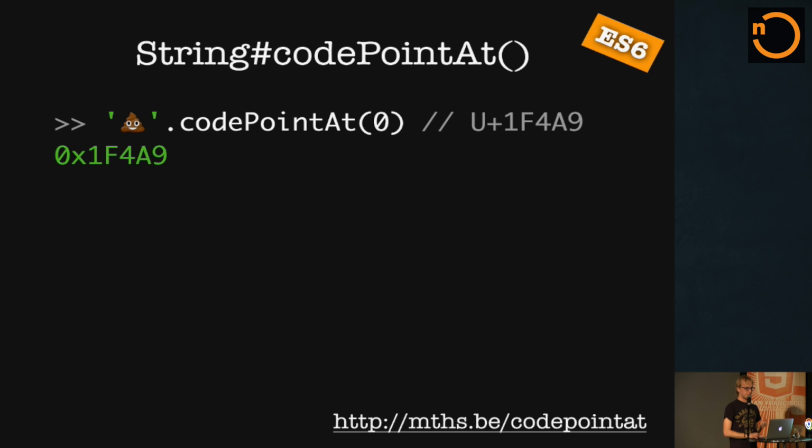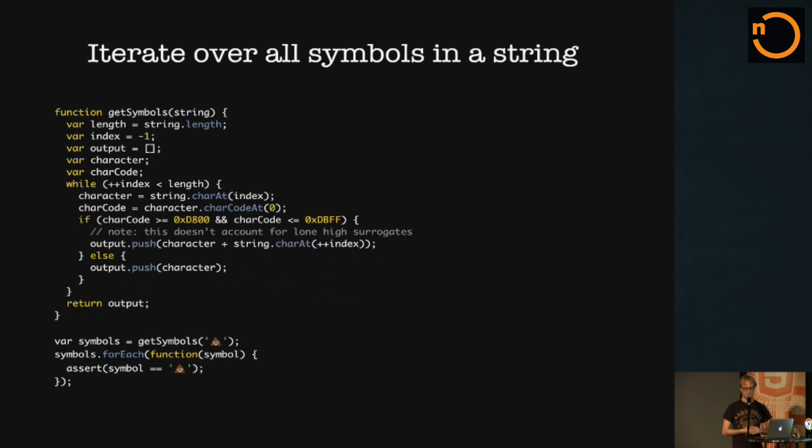Now, another fun thought exercise is how do you iterate over all symbols in a string? Now, you may remember that I needed to do this for the Punycode.js library. So the thing to keep in mind here is that we need to account for astral symbols. And in ECMAScript 5, this looks something like this. And this is actually a simplified solution. It's not perfect.